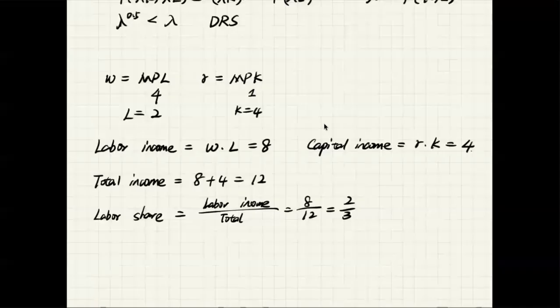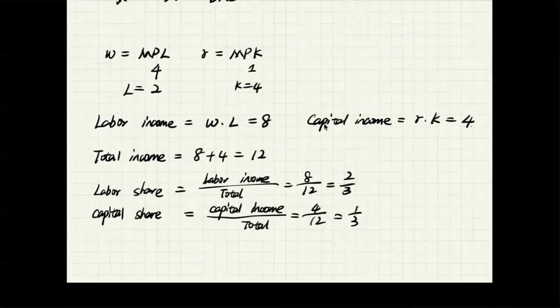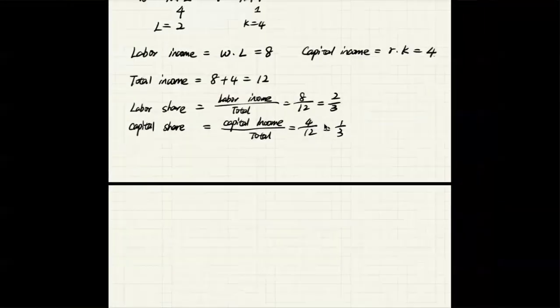Okay, and the capital share equals the capital income divided by the total income, which is 4 over 12, 1/3. Okay, so this is the thing. I think if you have reviewed the discussion last week, then there's nothing difficult for you, okay?